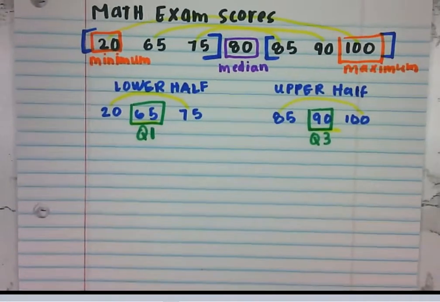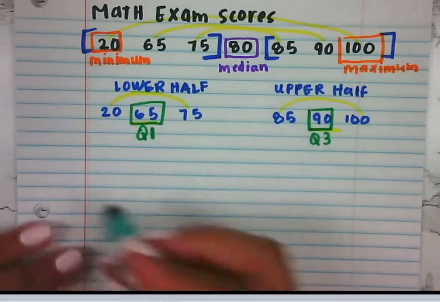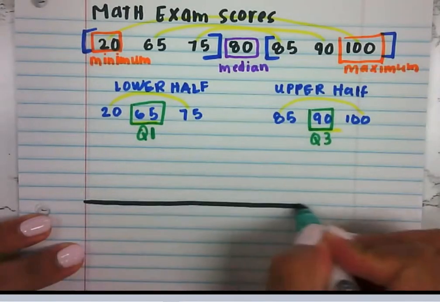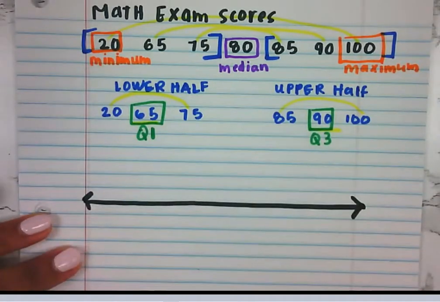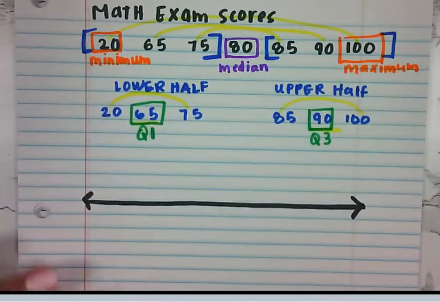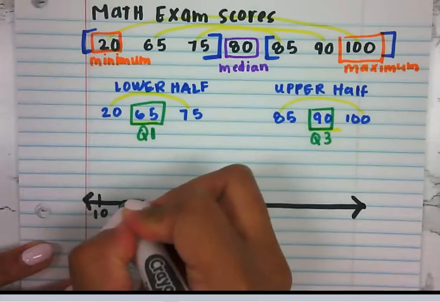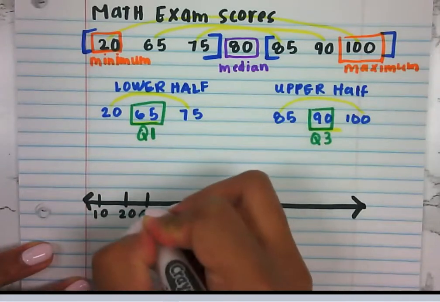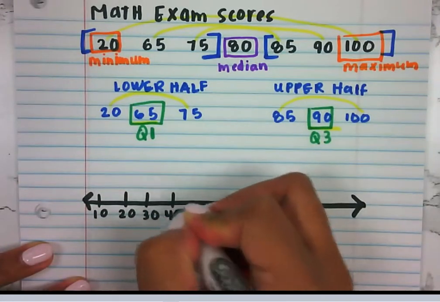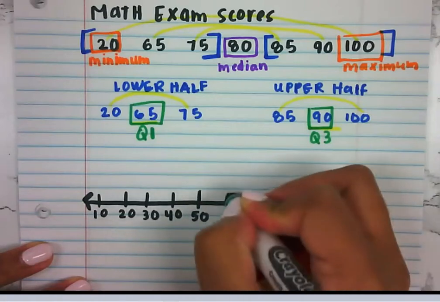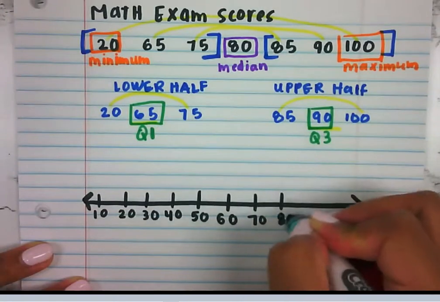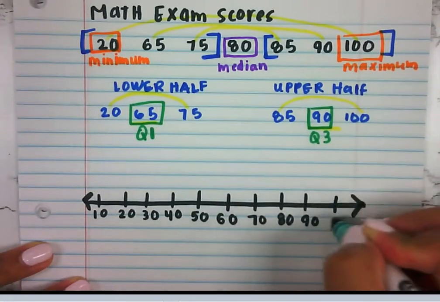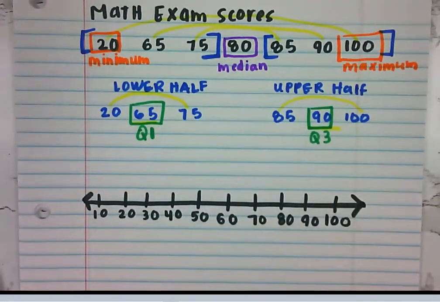So let's go ahead and make a number line. I'm going to count by tens. So 10 to 100. So 10, 20, 30, 40, 50, 60, 70, 80, 90, and 100. So I have counted to 100.